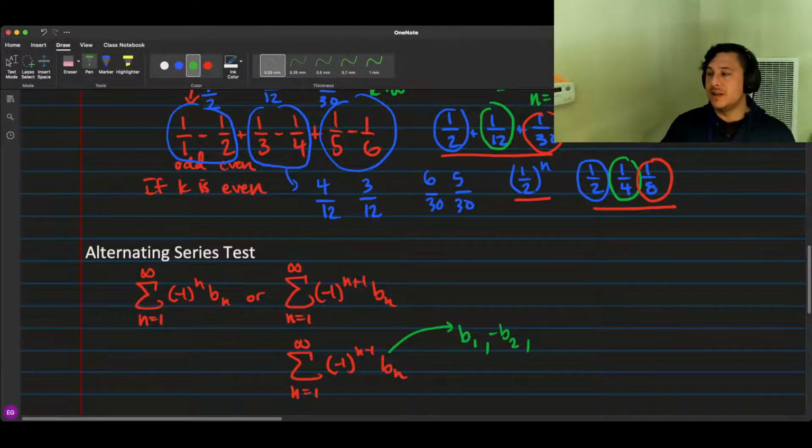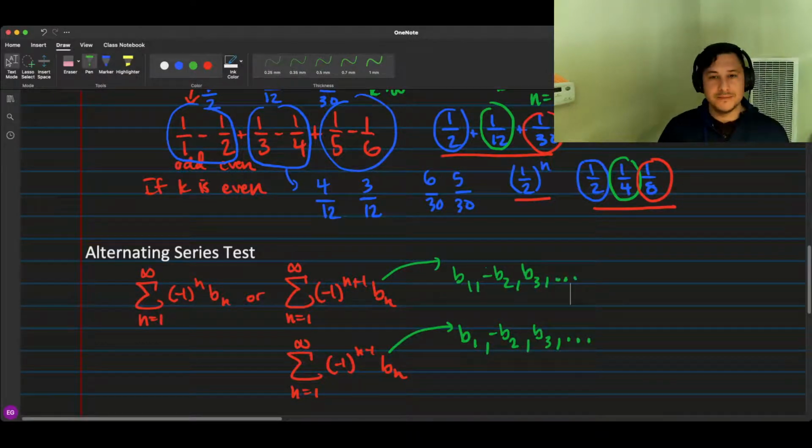Then let's plug in the next number, 3. 3 minus 1 is 2, that's squared, that'll be positive, so positive b3. So it looks like, yes, it is an alternating series. And how does the n plus 1 work? If you plug in 1, you get squared, which will be positive, so you get b1, and negative b2. So you get the same thing. That's actually pretty cool, huh?